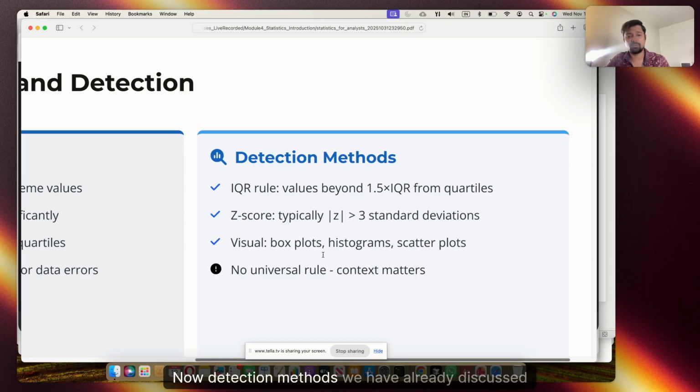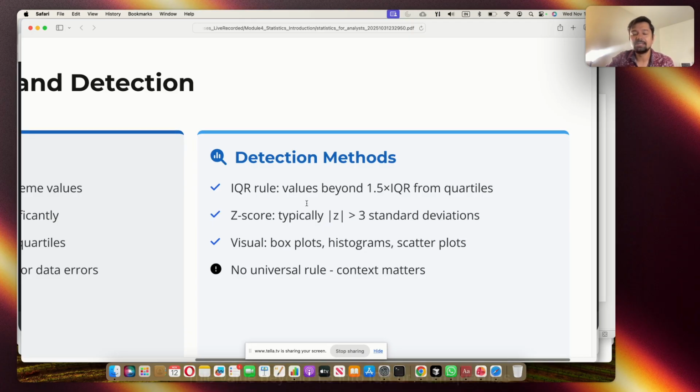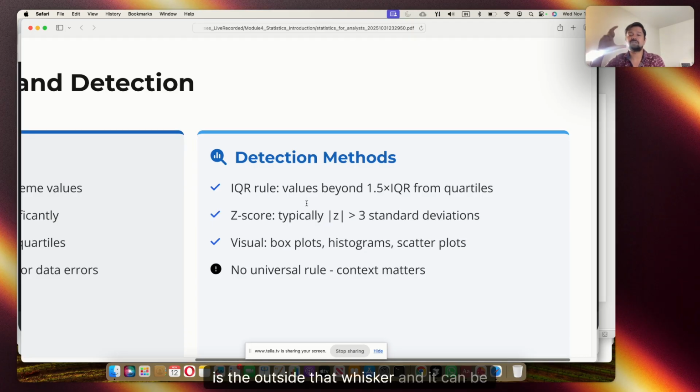Now, detection methods we have already discussed. IQR rule: a value beyond 1.5 times the IQR from the quartiles is outside the whisker, and it can be considered an outlier. Z-scores: typically Z greater than 3 standard deviations can be considered an outlier. You can make some visuals, box plots, histograms, scatter plots, and you can quickly identify which data point is an outlier in this particular data.